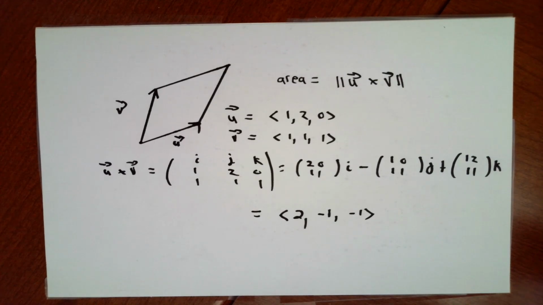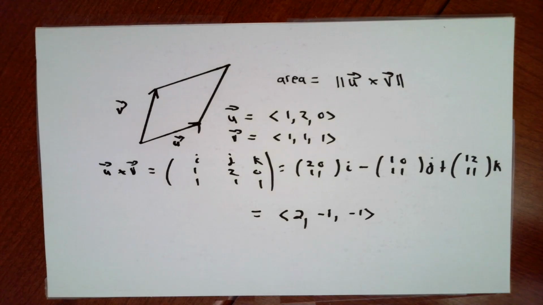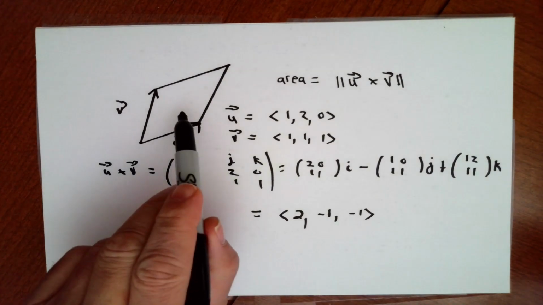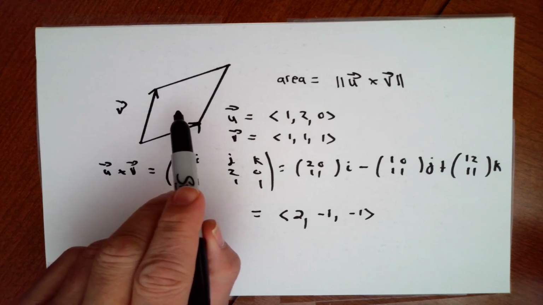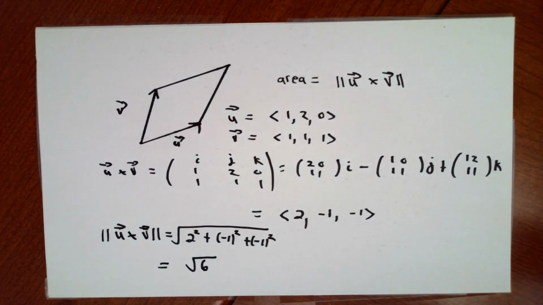Leaving the routine details out, the cross product works out to be 2i minus j minus k. It is the magnitude of that vector that gives me the area of this parallelogram. The indicated parallelogram has area square root of 6 square units.